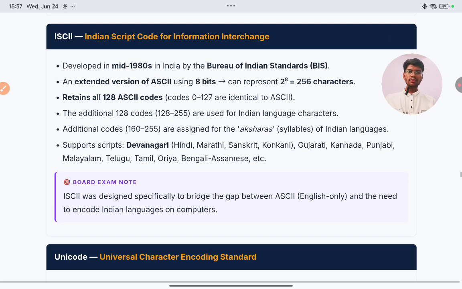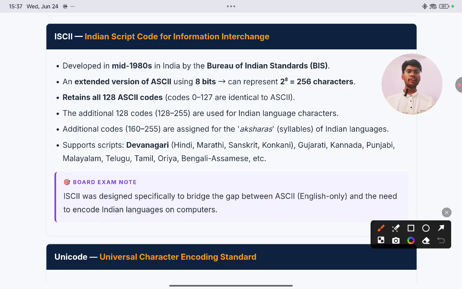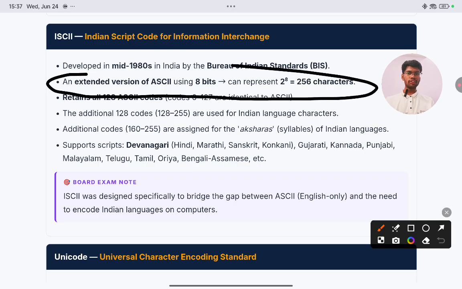And there is ISCII, that is the Indian Script Code for Information Interchange. Remember the full form again. Developed in the mid 1980s by the Bureau of Indian Standards (BIS), it is an extended version of ASCII using 8 bits. So you represent 2 to the power 8, or 256 characters, double the 128 characters of ASCII. It supports ASCII plus Indian languages.